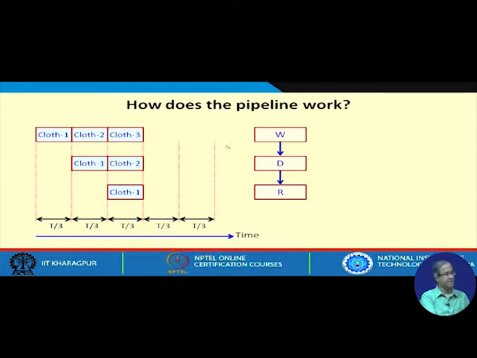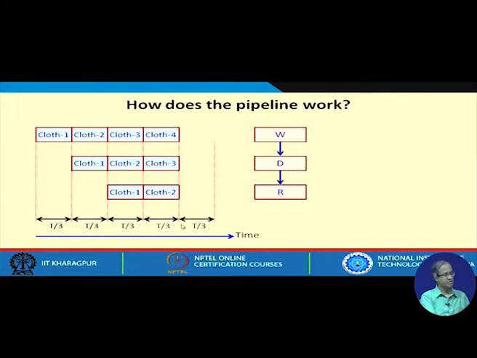Okay. So, now see, all these 3 machines are busy, W, D and R. Now, at the end of this time what will happen? Cloth 1 is done, cloth 1 will be taken out. At the next time cloth 2 will come here, cloth 3 will come here and the next cloth will come. So, at the end of this time cloth 2 is here.